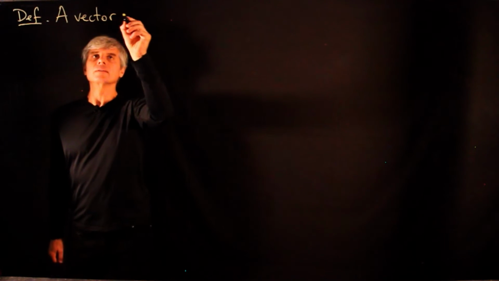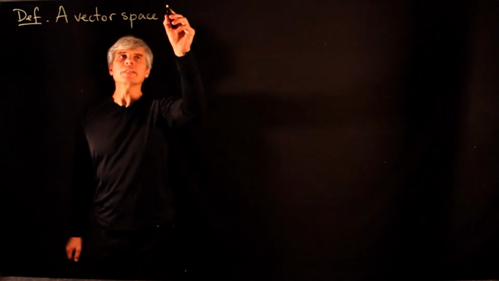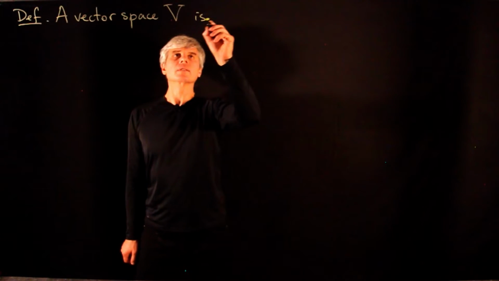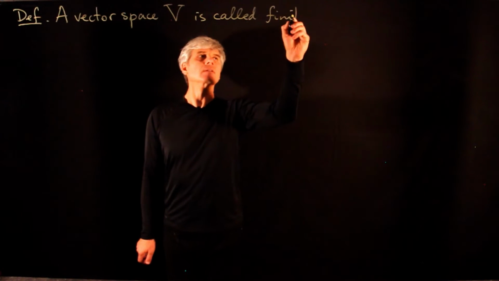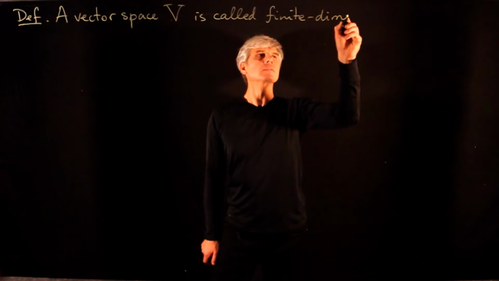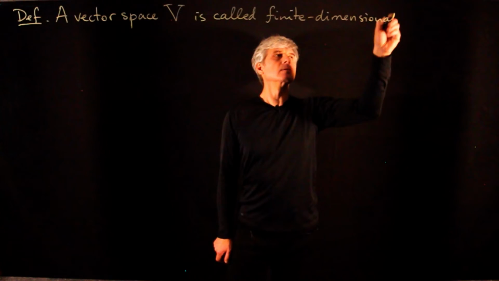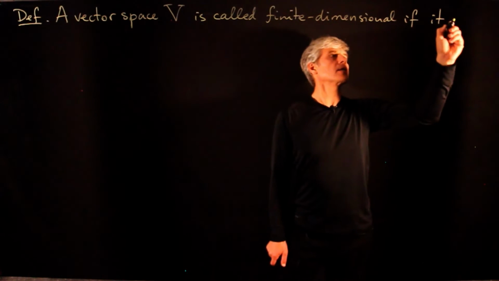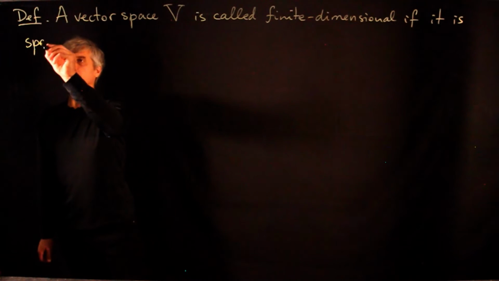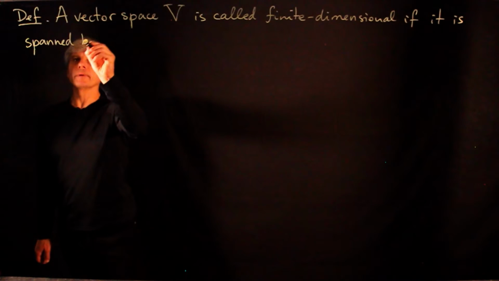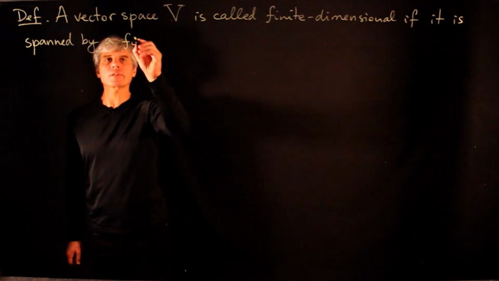So let's give the following definition. A vector space V is called finite-dimensional if it is spanned by a finite set of vectors.